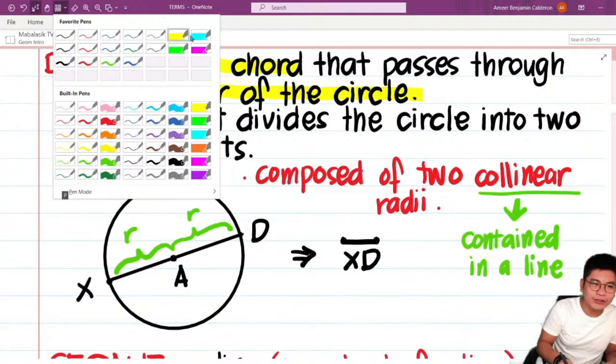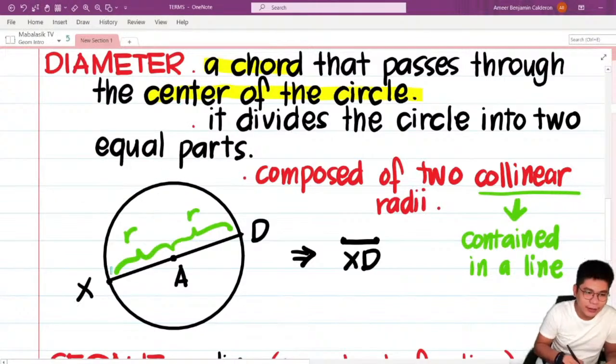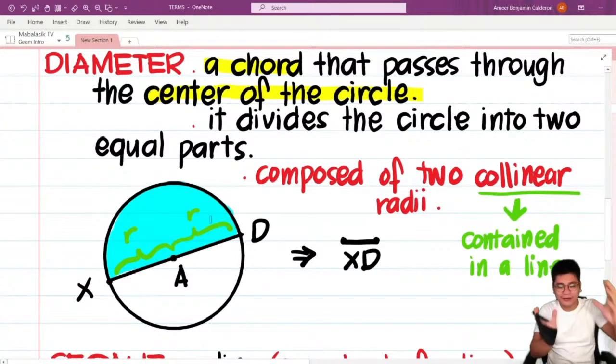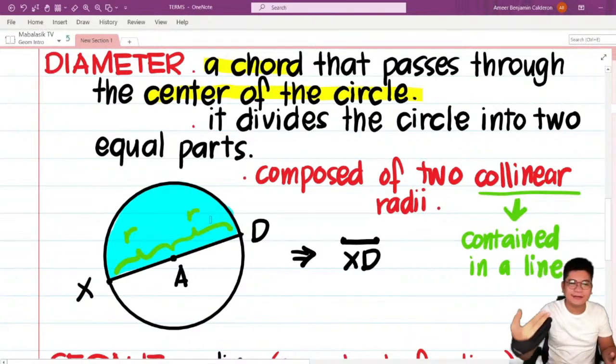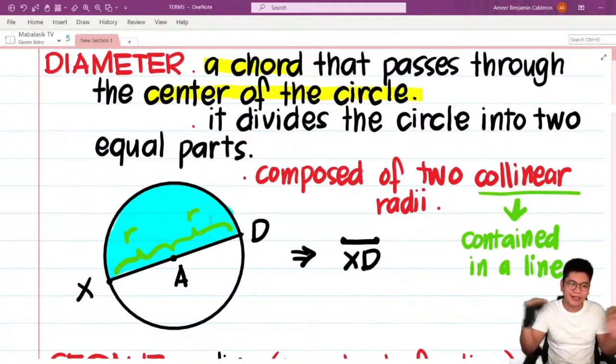So if we are going to shade lang natin, ito yung isang part, itong ibabaw na to, yung kulay blue. So, yeah, right here. And then yung white. Parehas na parehas yun, di ba? And lastly, it is composed of two collinear radii. Basta dalawang radius equal yon sa isang diameter.